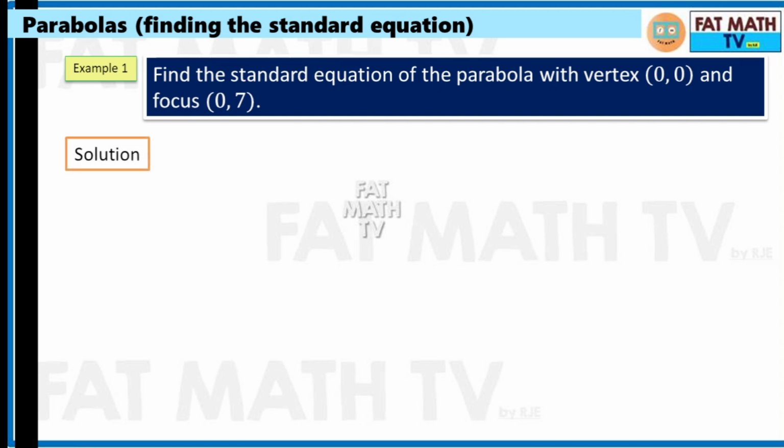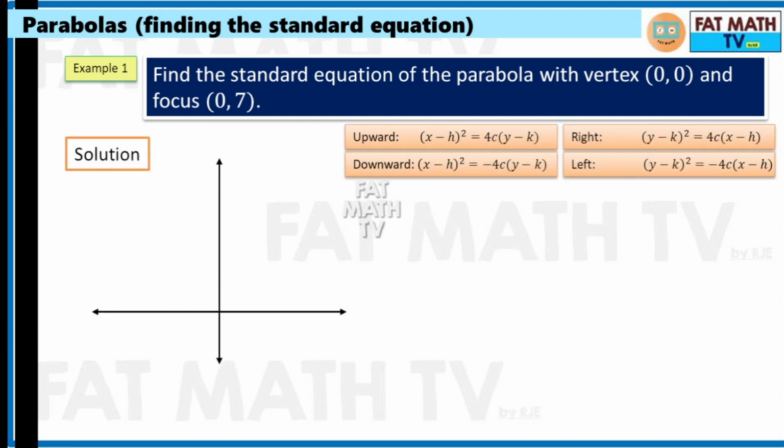Okay, let's plot the vertex (0, 0). That's the origin. And the focus (0, 7) is on the y-axis. So if the positioning of the vertex and the focus are like this, then the parabola has to open upward, because if the parabola is like this, then the focus is inside.